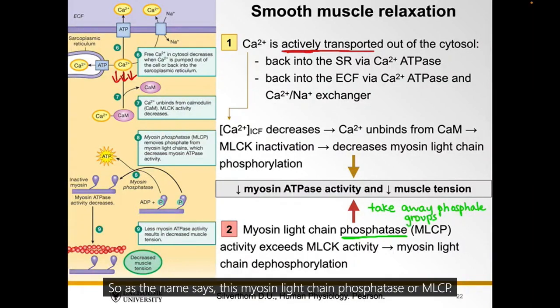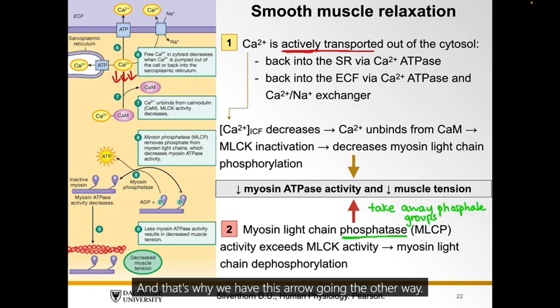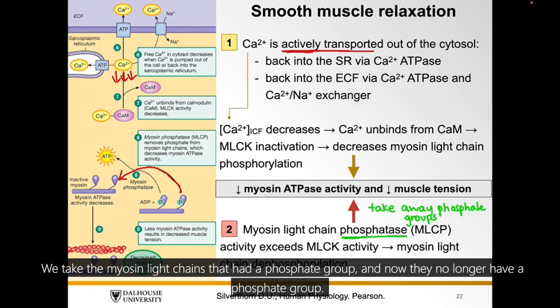So as the name says, this myosin light chain phosphatase, or MLCP, actively takes away the phosphate on the myosin light chain. And that leads to the dephosphorylation of the myosin light chain. And that's why we have this arrow going the other way. We take the myosin light chains that had a phosphate group, and now they no longer have a phosphate group.